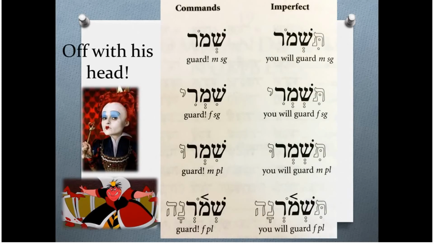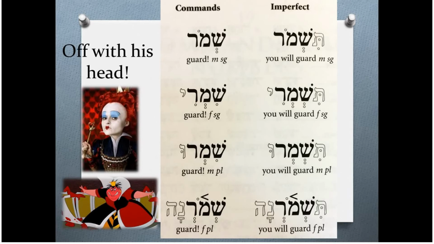Let's look first at the form, the morphology of the verb, and here you can see on the left our lovely queen telling us off with her head. You might say, what on earth does that have to do with the imperfect? In this case, it has a lot to do with it. Let's look at the example, the row on the right, the imperfect. You know these things using the common root shamar. So the first one, tishmor. Tishmor, you will guard.